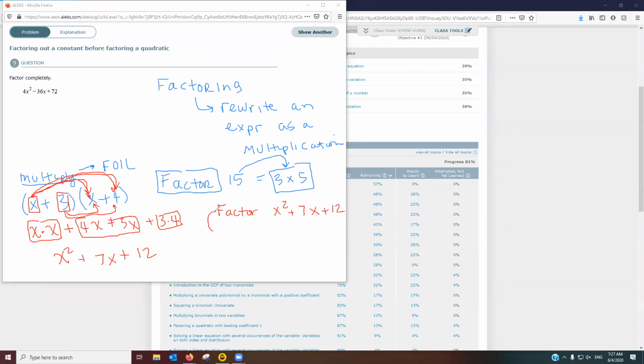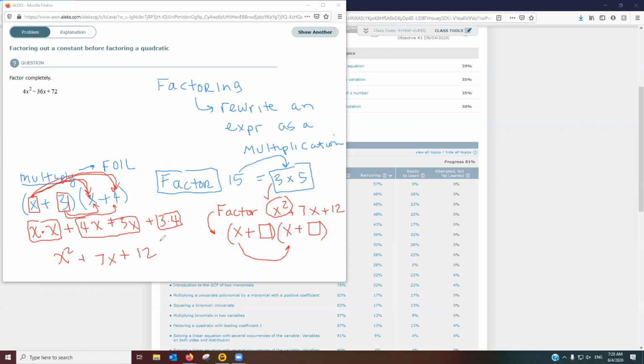So when I go to factor this, I'm going to try to set it up as two parentheses. All right, now this is a little bit of like a logic puzzle. I know I should put an x and an x in front of these parentheses because I need an x times an x to get me back to this x squared. Now, here's the question. What two numbers should I put in these boxes?